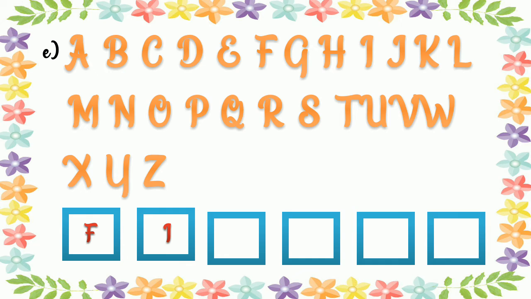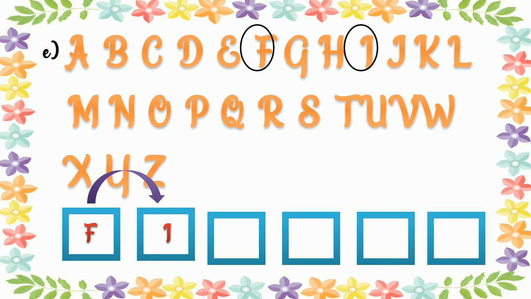A, B, C, D, E, F, G, H, I, J, K, L, M, N, O, P, Q, R, S, T, U, V, W, X, Y, Z. So we have the alphabet A to Z. So now our question is F and I. So where is F? So here we see F and I.